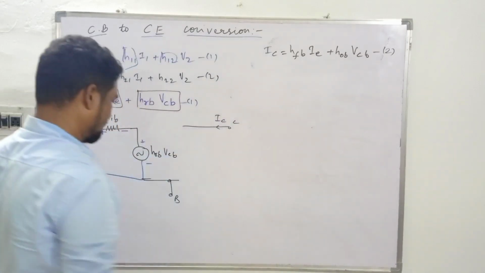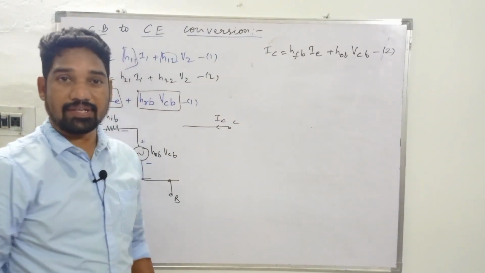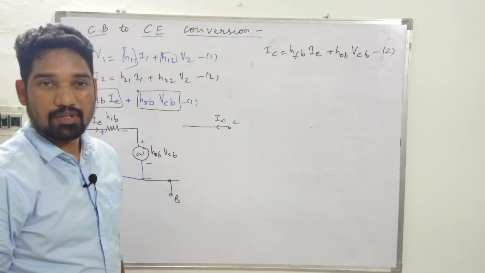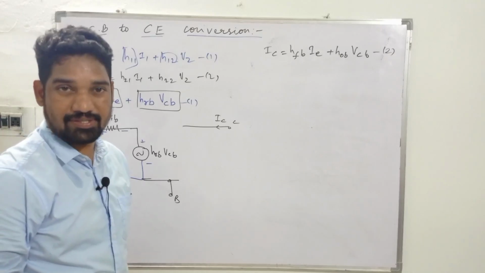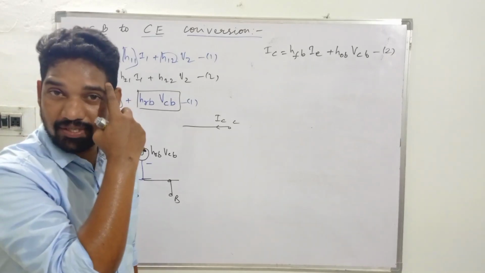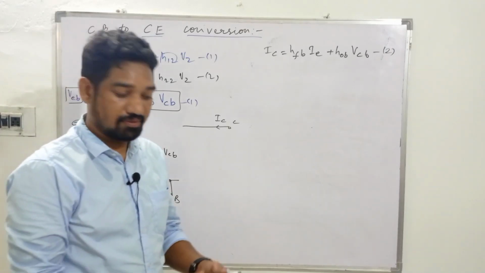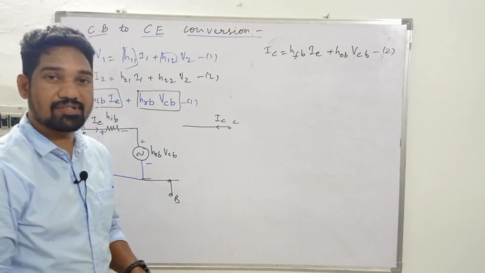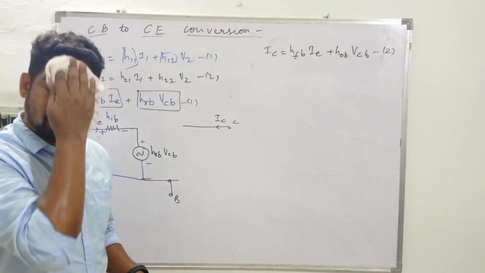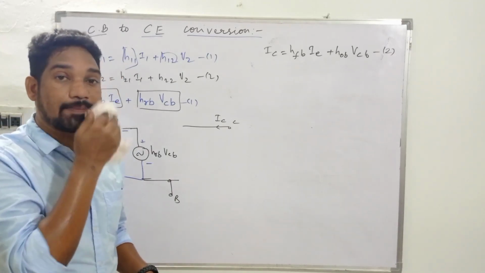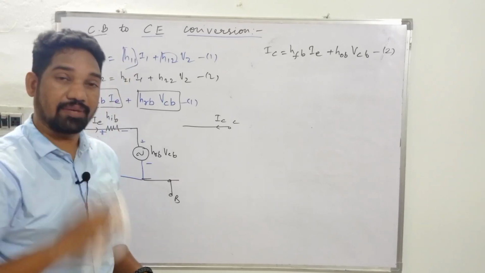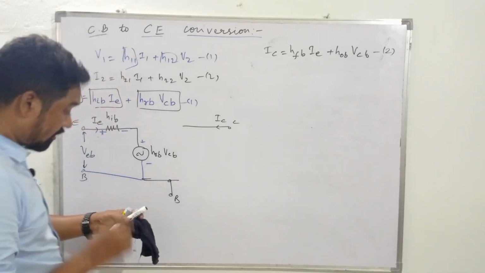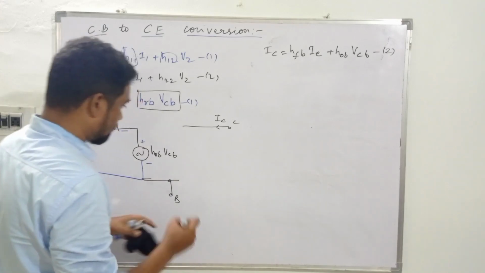And to my knowledge, for capacitance we go for a capacitor, for resistance we go for a resistor. So what to be placed in case of a conductance? We can replace it with a resistor whose value is the reciprocal of the conductance which we are talking about. Yeah, it's true.